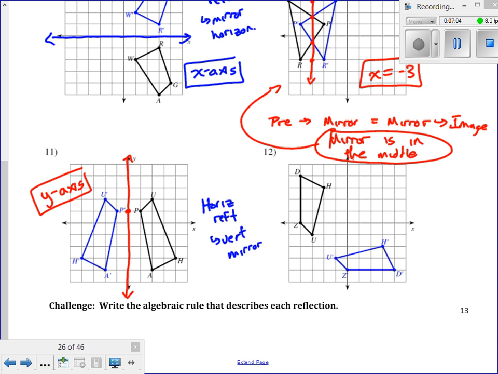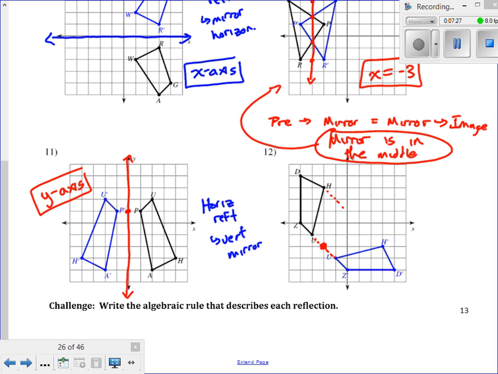And one more example. Here again, U to U prime, H to H prime, Z to Z prime. Now all of a sudden, we're flipping diagonally. We got 2 lines. It's either y equals x or y equals negative x. Well, the way this is playing out, it looks like there's a gap of 2 boxes from U to U prime, which means right in the middle, 1 box away.